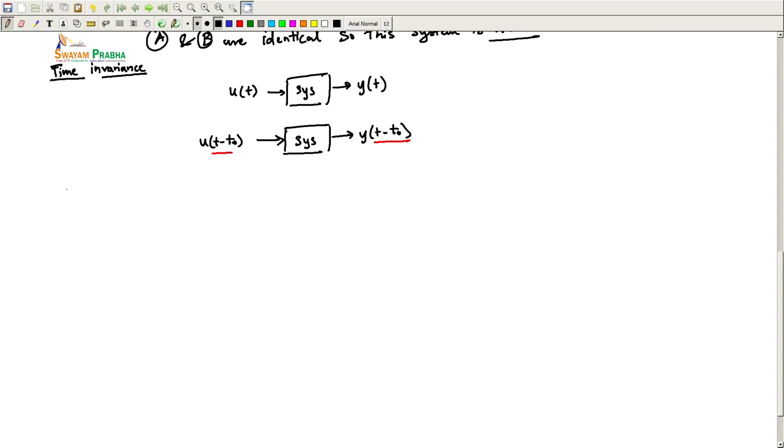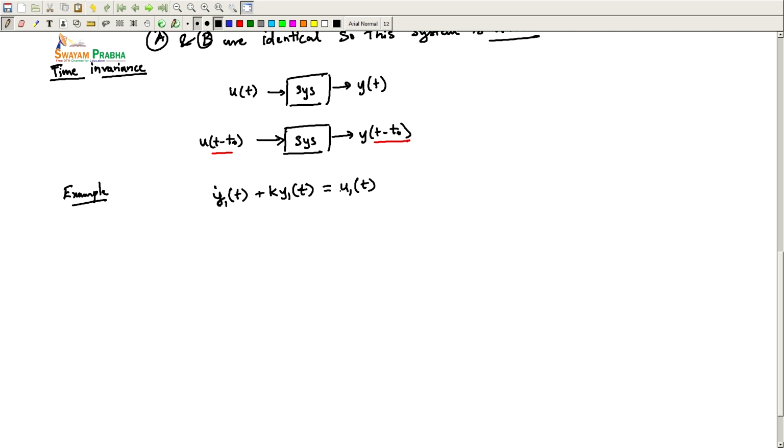So, let us consider an example. Say we have a system defined as y1 dot, which is the derivative of y1 with respect to time t, plus k times y1(t) is equal to u1(t).